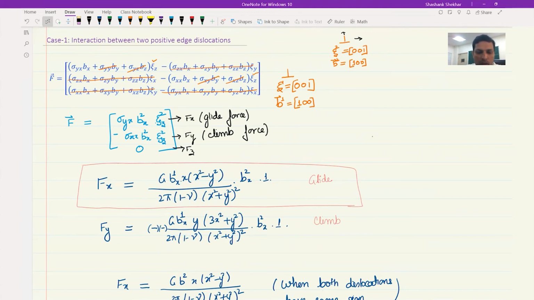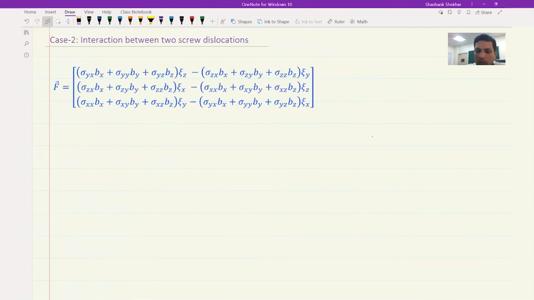Next, we will move on to another case study where two screw dislocations are acting. So for the two screw dislocations, again, we need to define what the line vectors are.